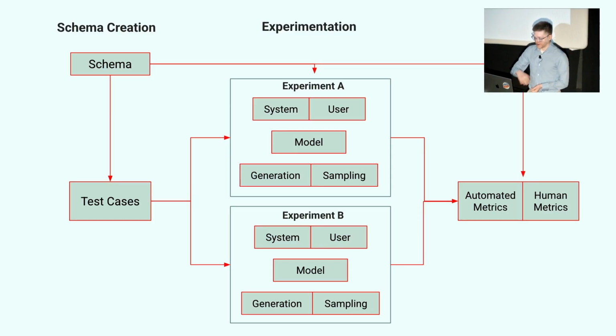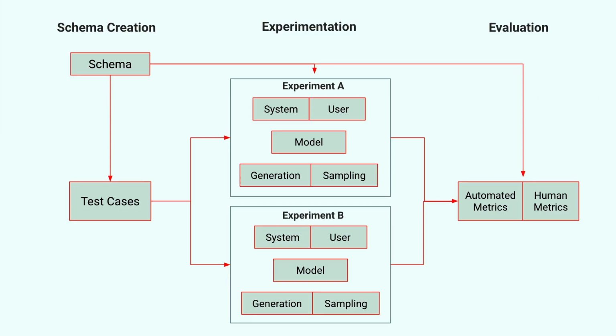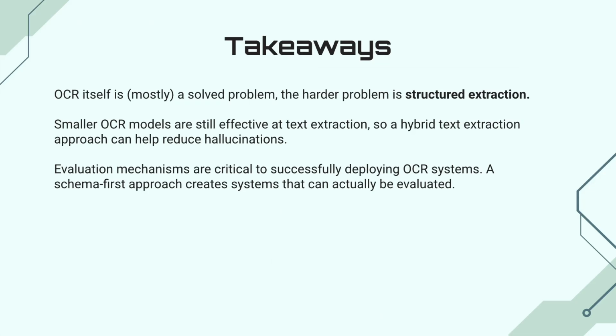And that's the full workflow. We're basing things off the schema, and that drives the entire evaluation process going forward. Then I'll leave you with a few takeaways. On OCR, if you're technically rating what OCR is supposed to do, it's mostly a solved problem.